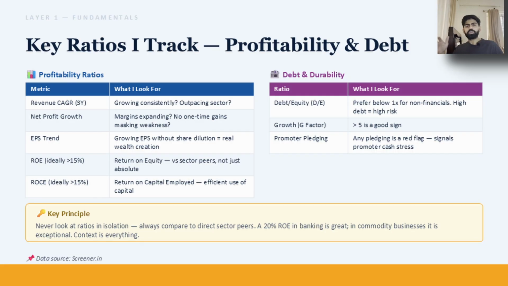Apart from this, we also look at promoter pledging, which is how much percentage of the shares are being pledged by the promoters. If the promoters are pledging a higher proportion of their equity in the business, it means they require cash, and it's a red flag for the business. So this gives us a general idea about the overall fundamentals of the business.